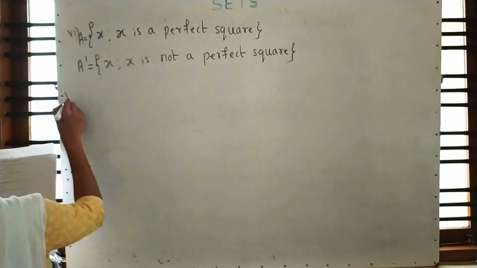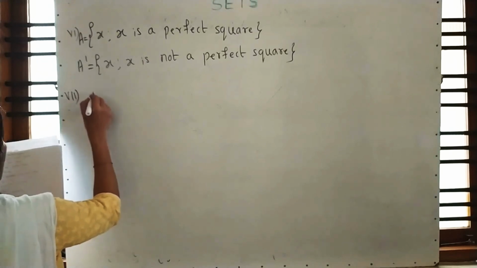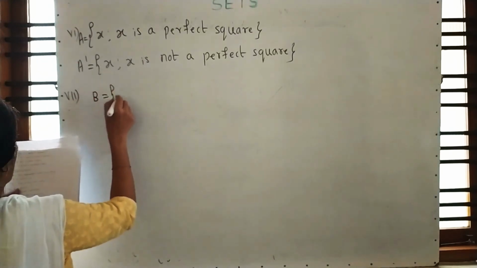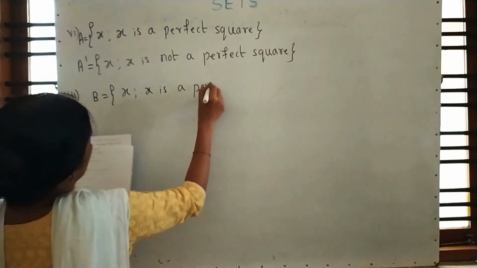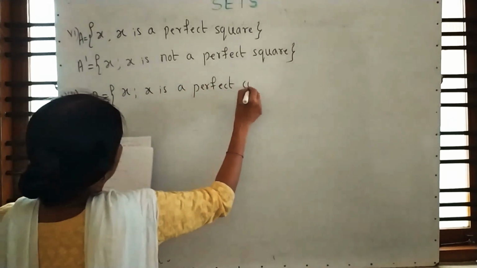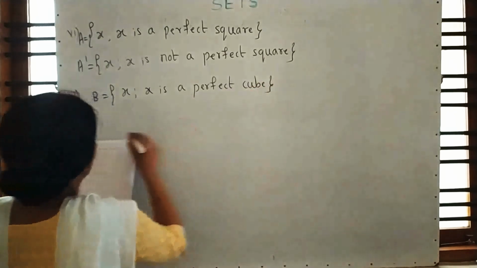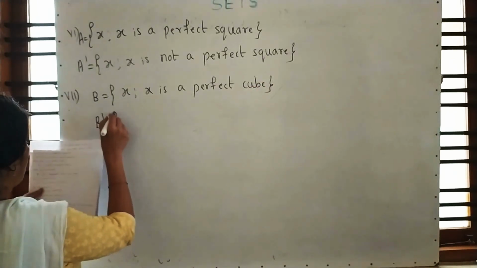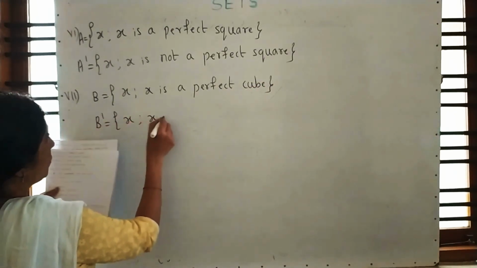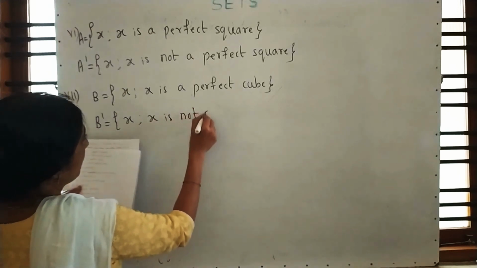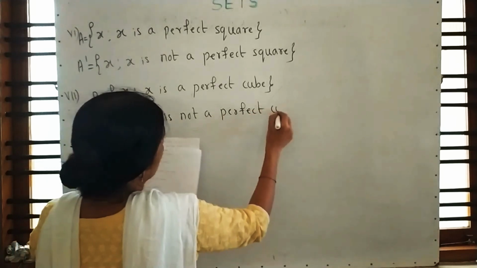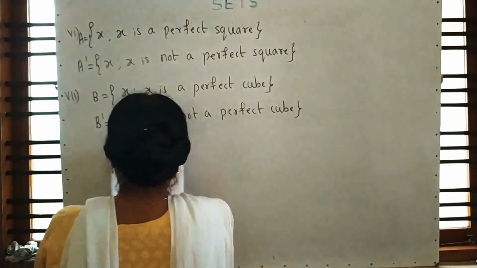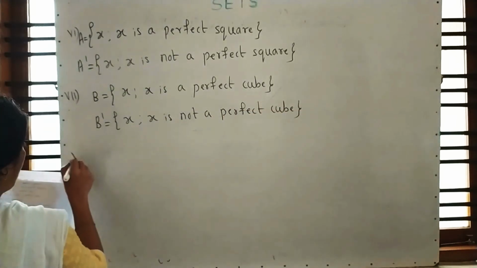Next question. x is such that x is a perfect cube, and its complement is x is such that x is not a perfect cube. Next question.